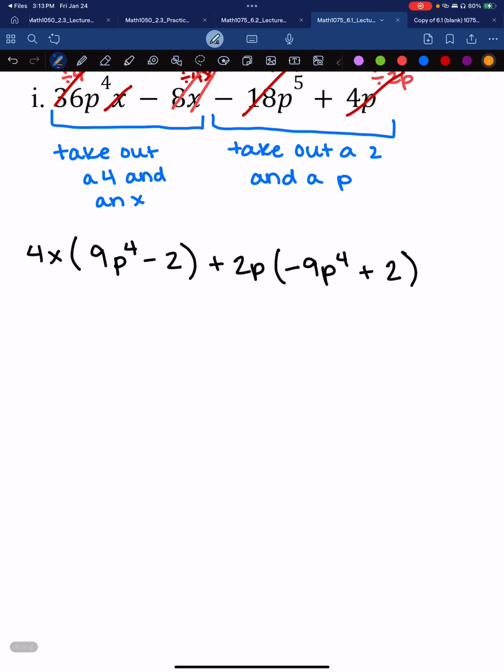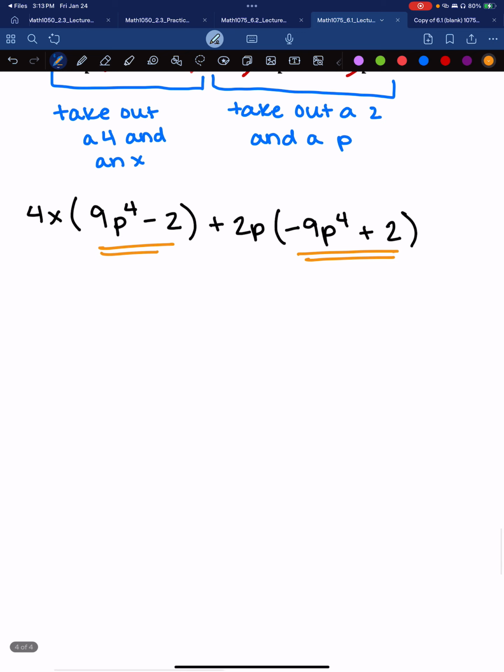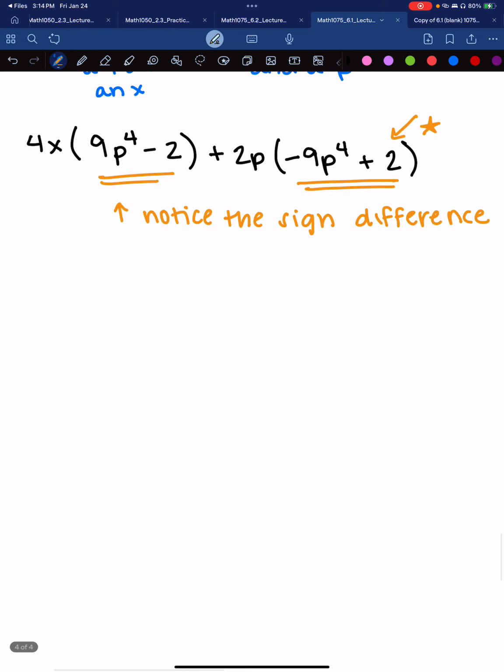Now, this part is super important because these parts are supposed to be exactly the same. And so notice that there is a sign difference. So if you have a sign difference like this, where the first one on the right hand side is positive and the next one is negative, but on the left hand side the signs are swapped, what that means is that you need to take a negative outside of this right hand parenthesis.